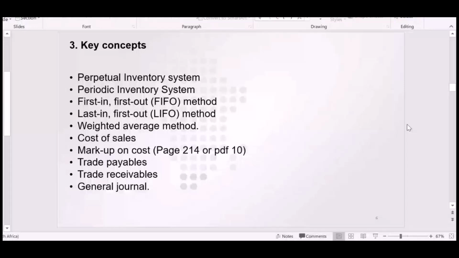Then the markup on cost is an additional amount of money that they add on top of the price. It's basically the price that you sell an item or a service at. I don't know if services have markup, but items usually have a markup on cost. And then I guess you use that to make up for your cost of sales and how much it costs to get the inventory and all of that.